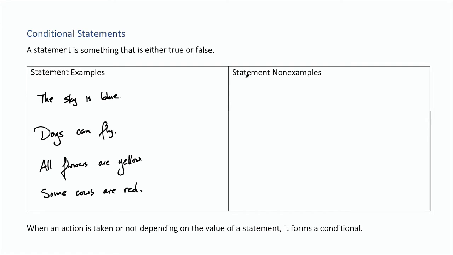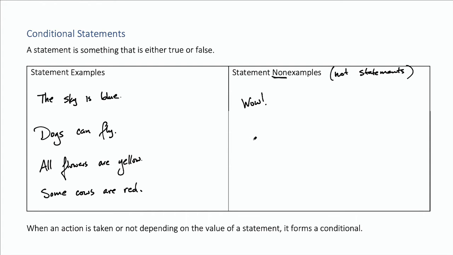Things that are not statements, so statement non-examples. In other words, these are not statements. These are things like an exclamation, like "Wow!" Obviously, that's not a statement because it's not either true or false.